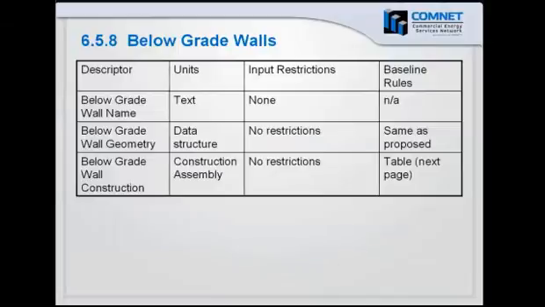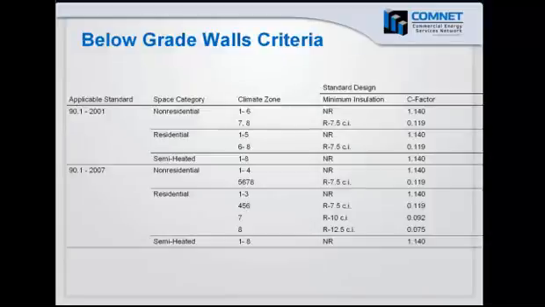Below grade walls is, let me check the time. Okay, below grade walls, so we have similar building descriptors, the name, the below grade wall geometry, and construction. So this construction assembly, the last building descriptor, the baseline is selected from a table based on climate zone and your building type.